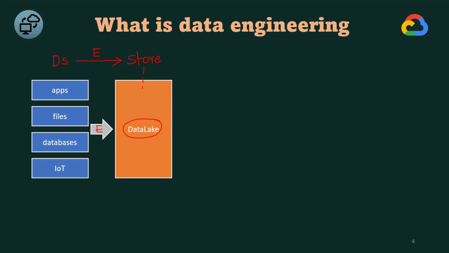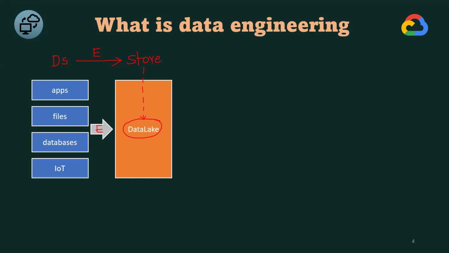Nowadays people call it a data lake, or you can also call it a staging area. So you extract this data from multiple data sources and store it in a single location called a data lake.